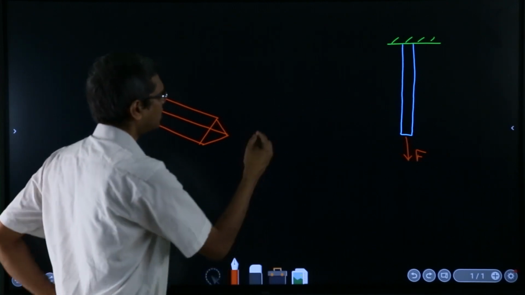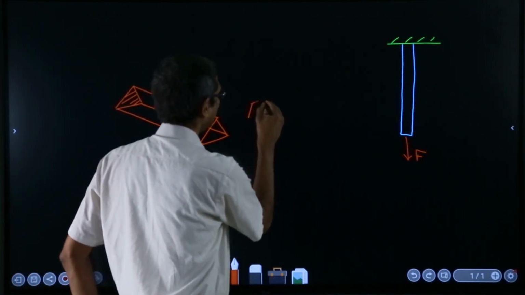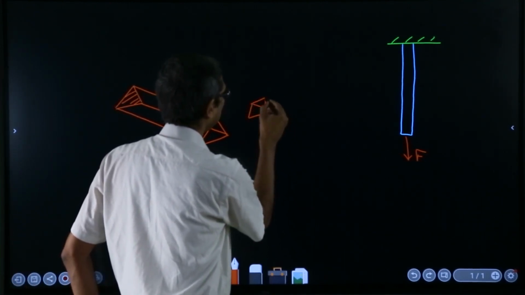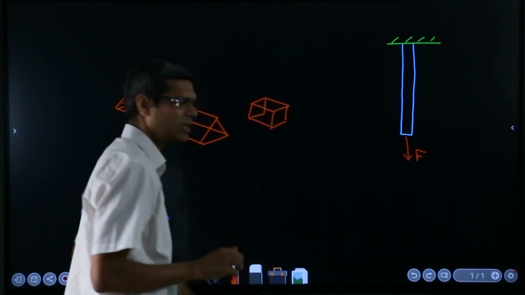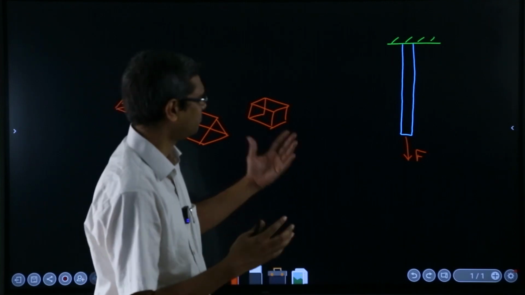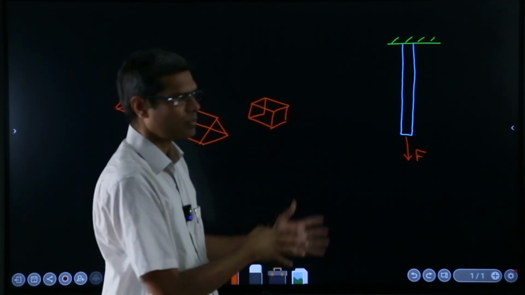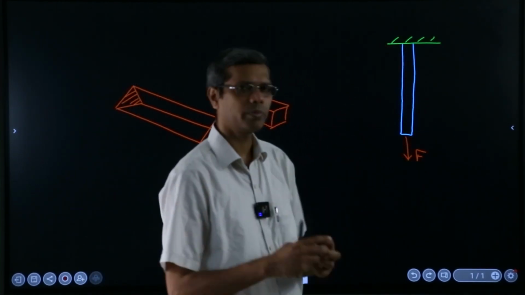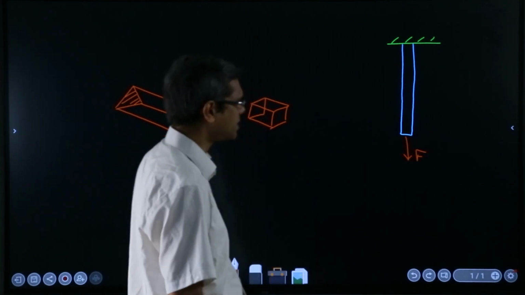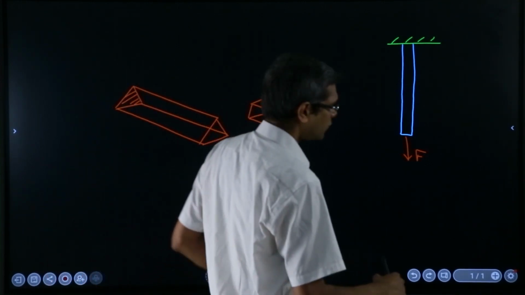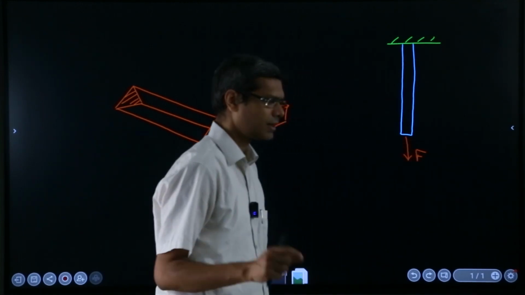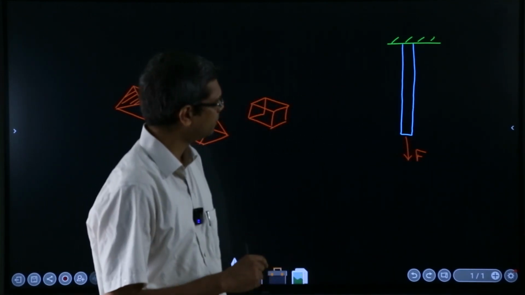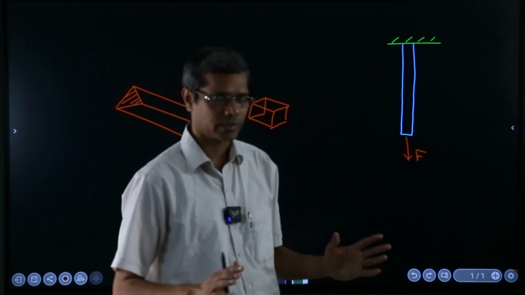So it's not like a cube. If you take a square and extrude this much, it will become a cube, isn't it? So it's not like that. But then it's a long prismatic bar. So that's the setup, and that's the first assumption, and then you are applying a force at one of the ends. The other end is fixed.